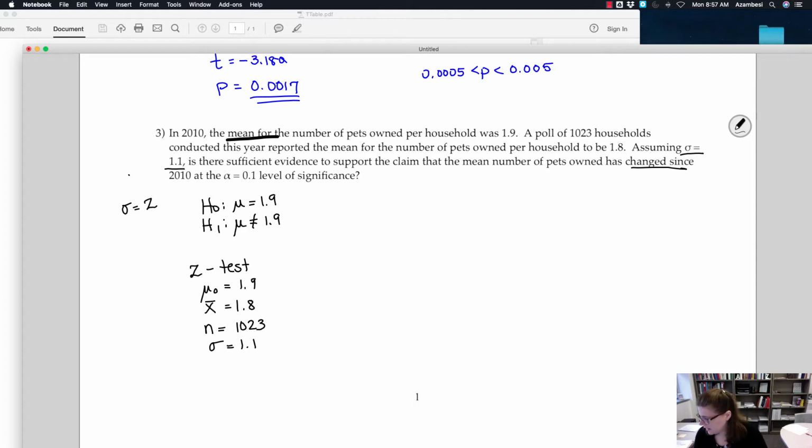All right, this time I'm getting z is equal to negative 2.91 to 2 decimal places.